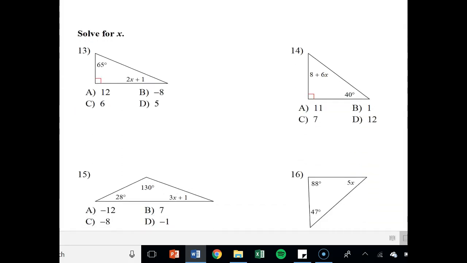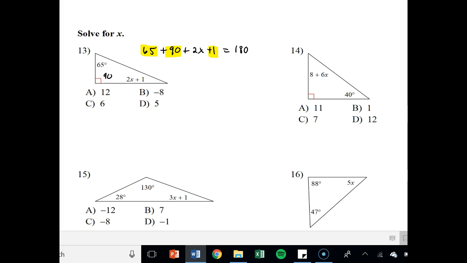And on the back side, you're just going to solve for x. So again, this idea that all angles add up to 180 degrees. So it's the same thing. For 13, you have 65 plus, remember this is 90, plus 90 plus 2x plus 1. They all have to add up to 180 degrees. Your like terms are 65, 90, and 1.